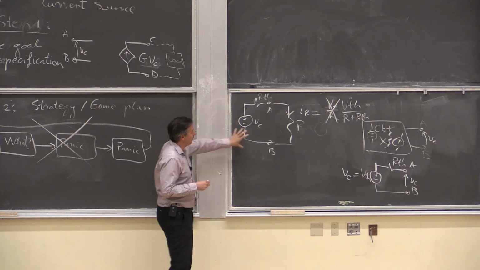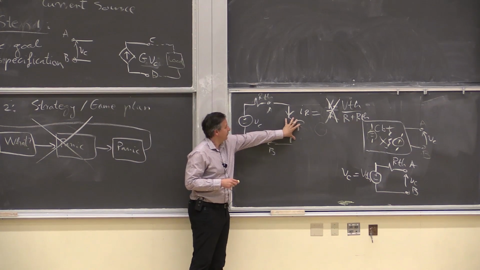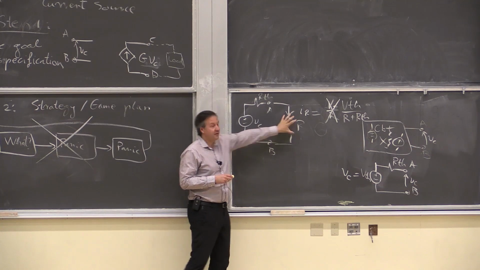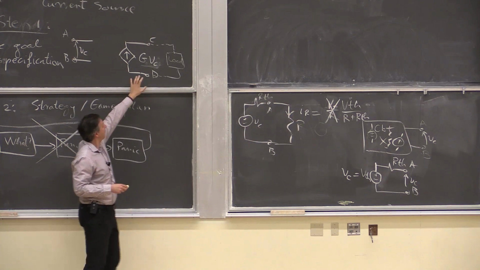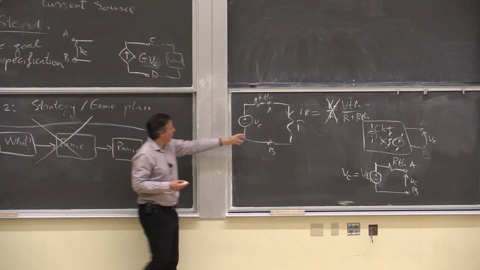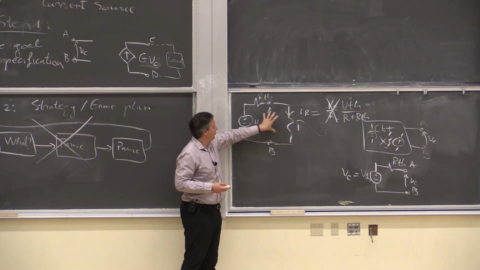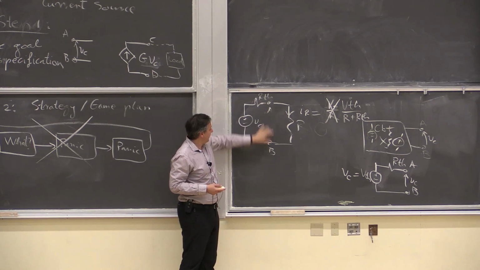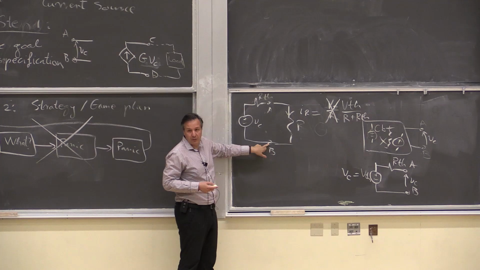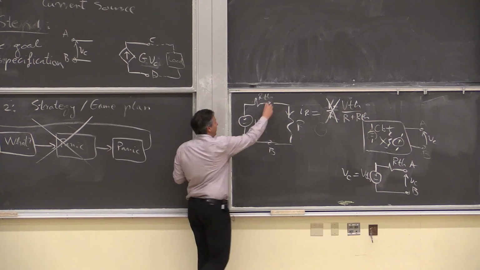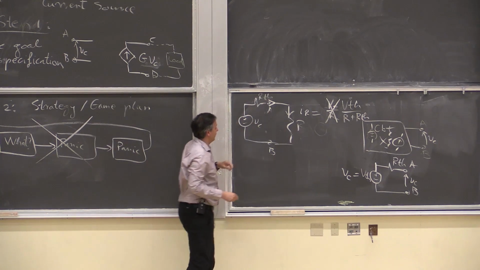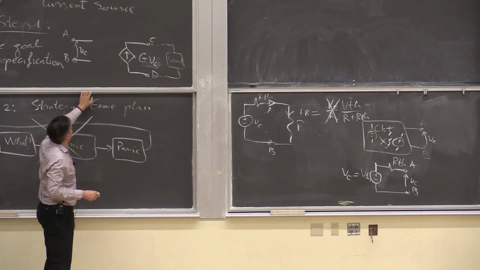So the problem here is that the moment I add this, so this is the resistor that should be defining my G over here. But the moment I add that to the source, I have a problem because the current's actually flowing. Think about our specification here.